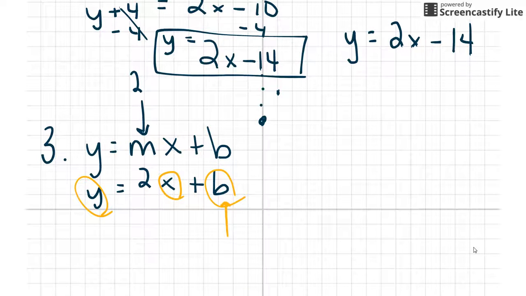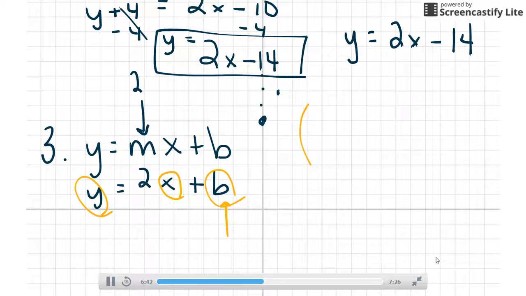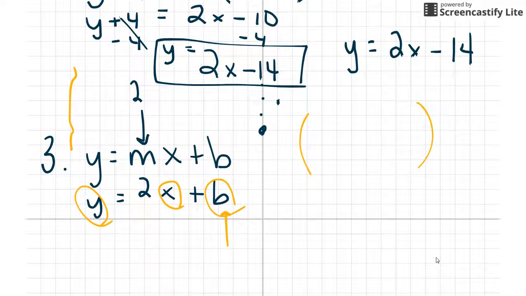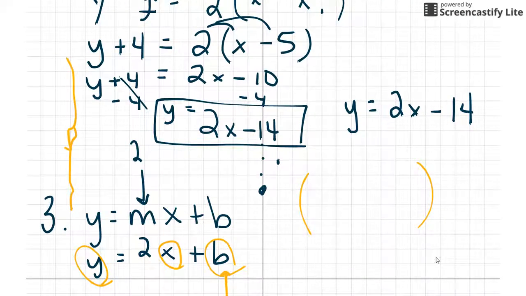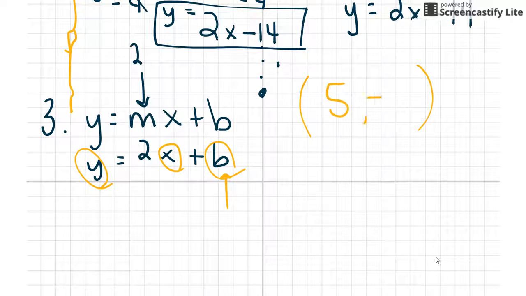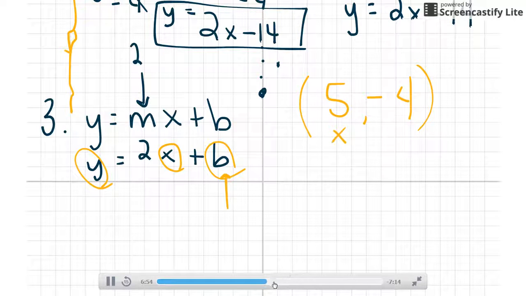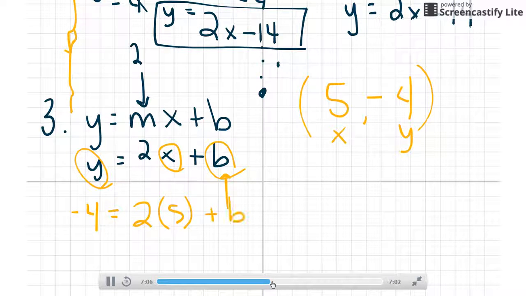So what I can do is solve for b, and I can use the point that they told me it had to pass through. So it had to pass through 5, negative 4. So if it had to pass through 5, negative 4, what I can do is plug that in for x and that in for y, and it would solve the b. So again, it's just another way. You don't have to do it this way, but if you think that's easiest, and then notice right here, I only have 1 variable.